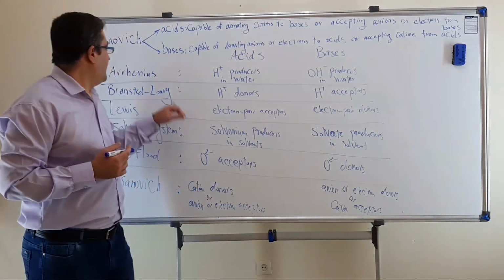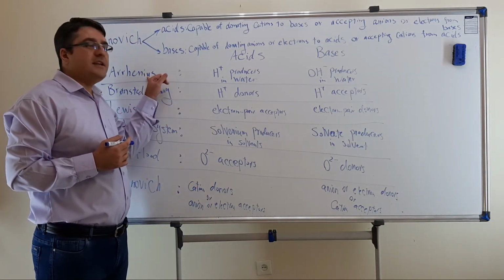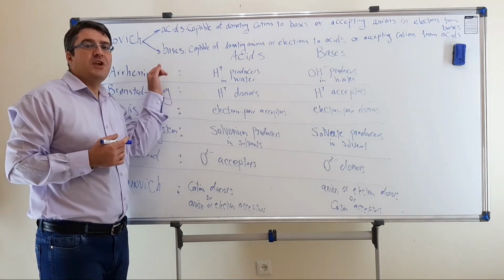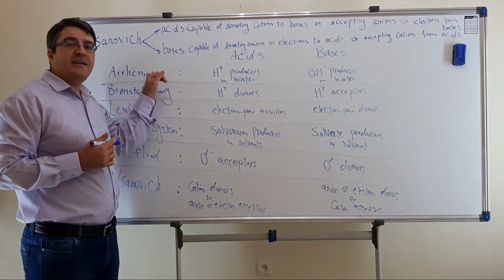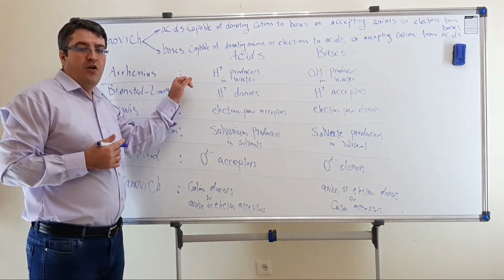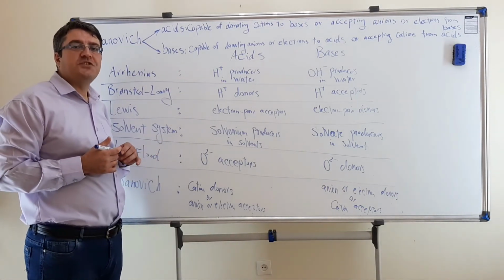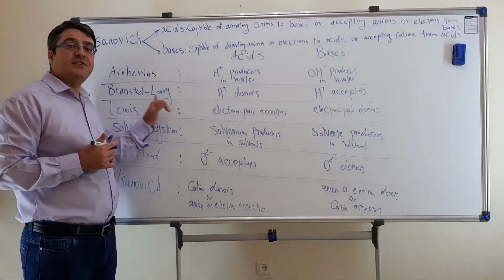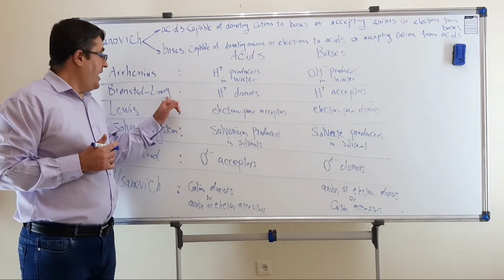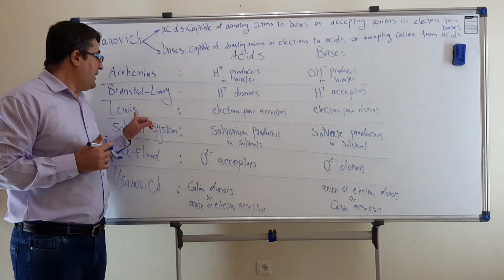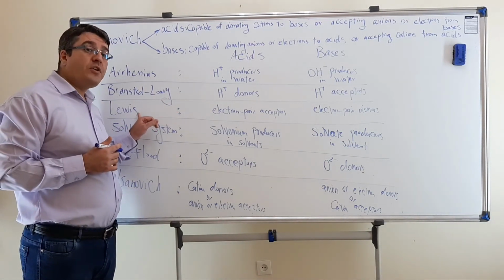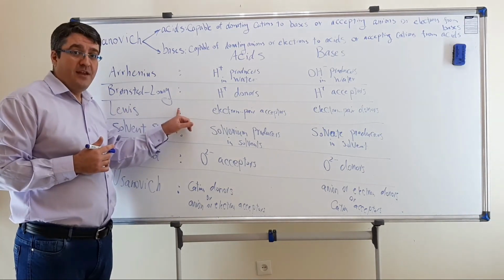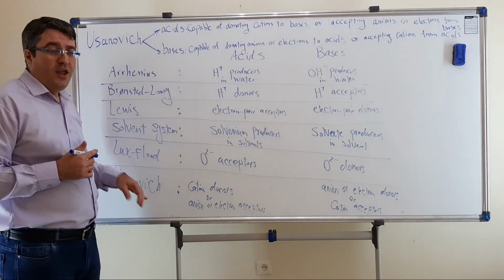For example, for elementary discussions of acid-base behavior in aqueous solutions, we may prefer Arrhenius acid-base theory. For calculation of H plus concentration in amphiprotic solvents, we may prefer Bronsted-Lowry acid-base theory. For electrophilic or nucleophilic reactions in organic chemistry, we may prefer Lewis acid-base theory, and so on.